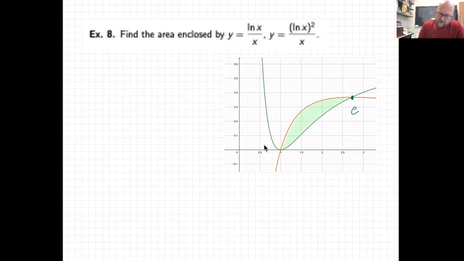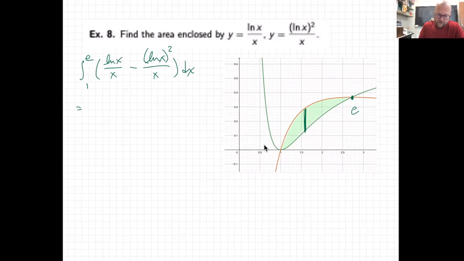All right, so we are going to integrate from 1 to e, and we're thinking about our vertical slices here. The top of them is the log x over x, and the bottom is the log x quantity squared over x dx.